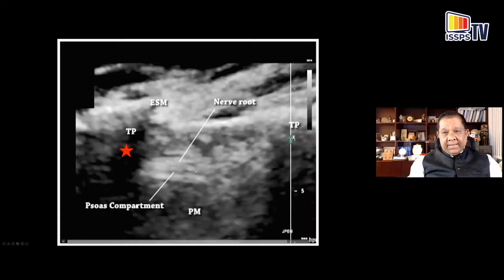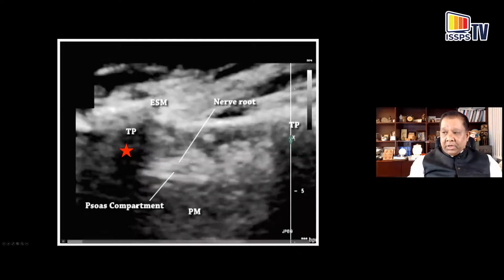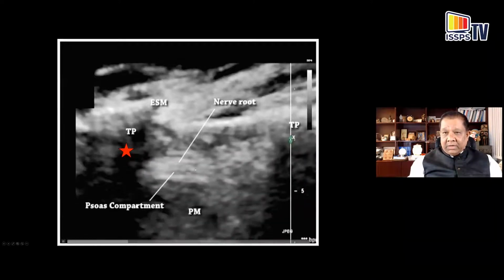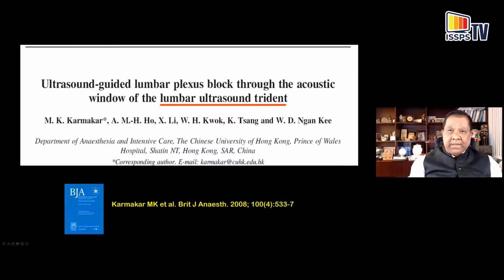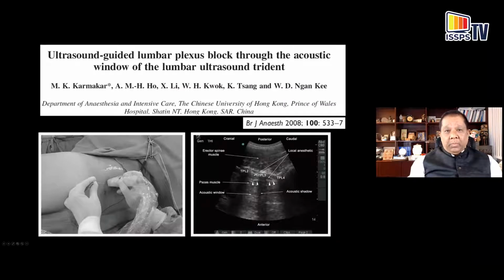And you can see the nerve root that forms part of the nerve that forms the lumbar plexus in this psoas compartment. So the Trident views can be used to perform lumbar plexus block, and this is the technique that we have described. What it involves is performing a paramedian sagittal scan, as I described to you, like so.